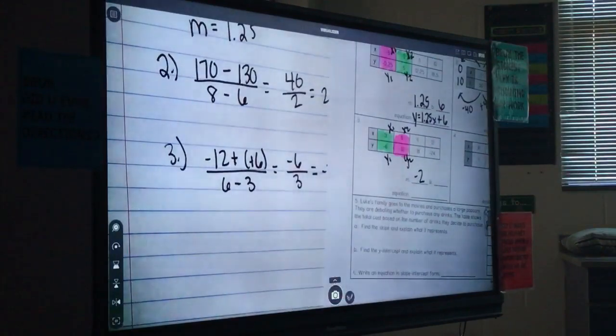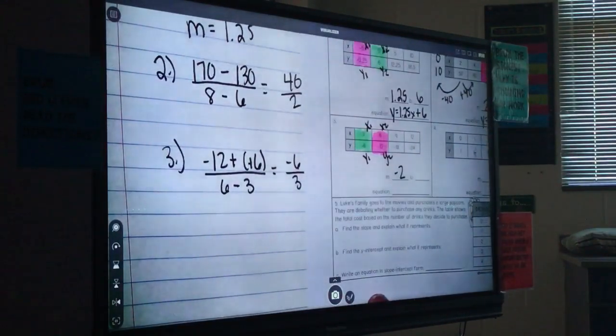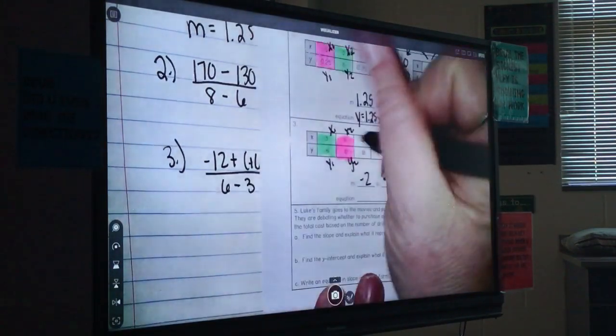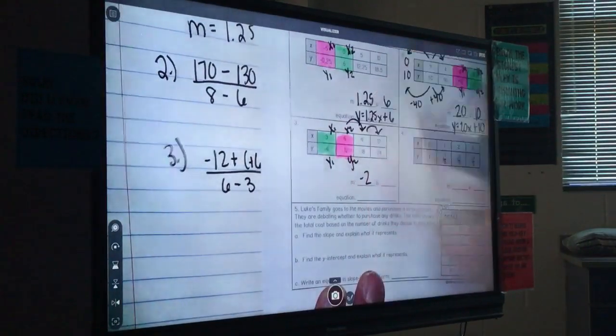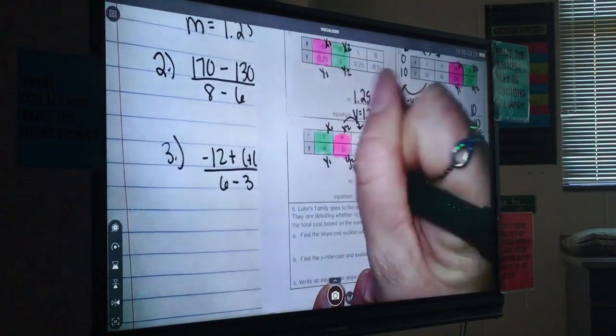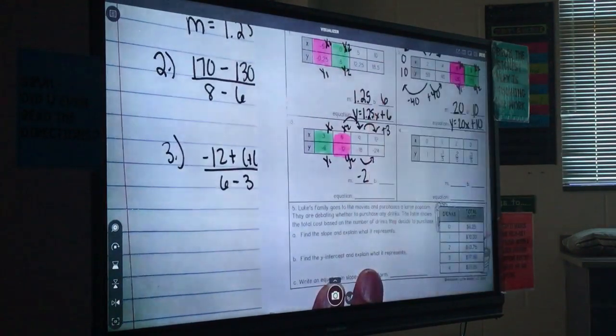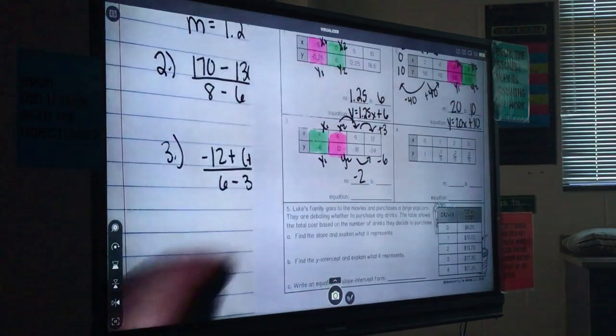All right, and then Cam. So how are we increasing on our table? Like the top. How am I going from here to here and here to here? Plus 3. Okay, so this is plus 3. And how am I going from here to here? Minus 6. So Cam, what do I do to find the other way?